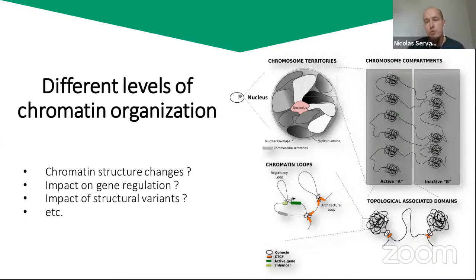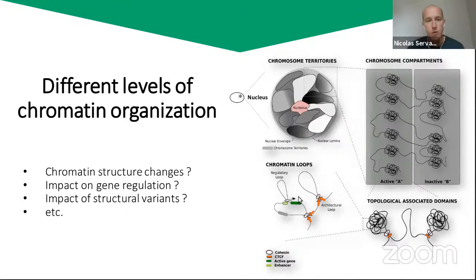However, you have almost no contact between TADs, because in the middle you have a kind of barrier made by insulation proteins like CTCF and cohesin. And if you zoom again to the very final scale, you can start to see loops between regulatory elements and genes, for instance, with very high resolution data.